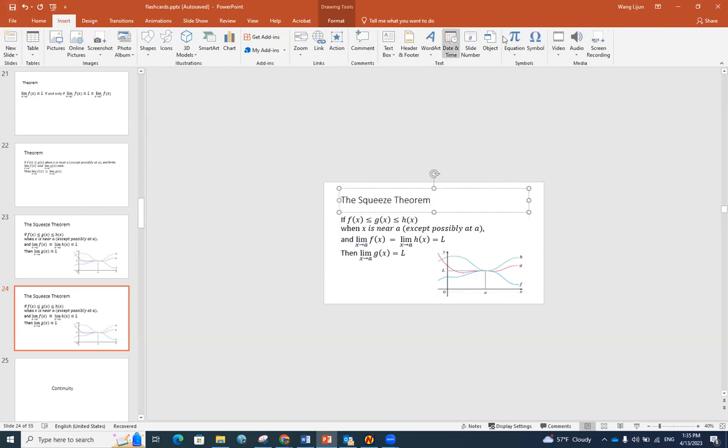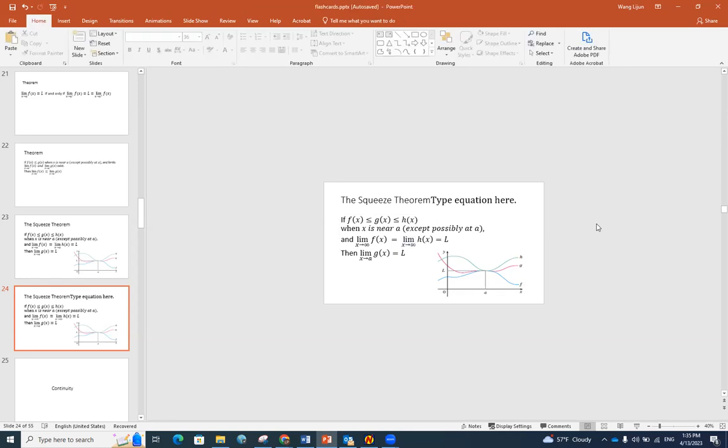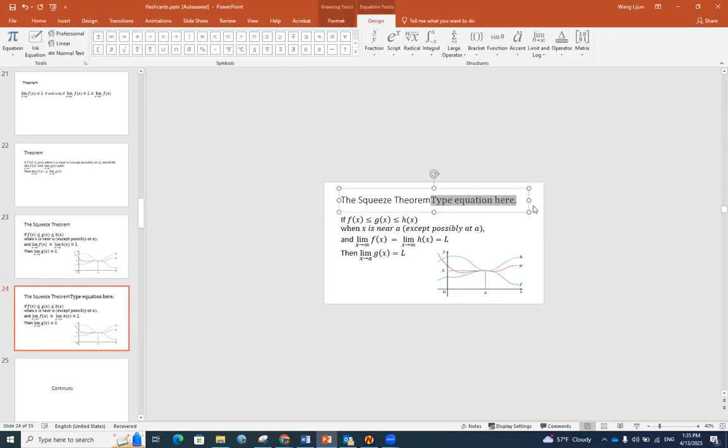So let me insert an equation, and I'm going to put infinity here. So it's just the squeeze theorem you can use. We really just use the idea.